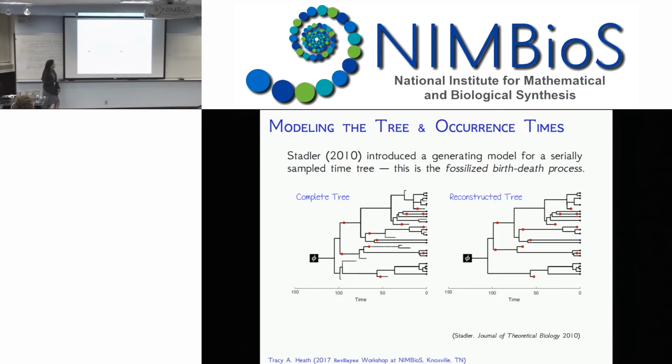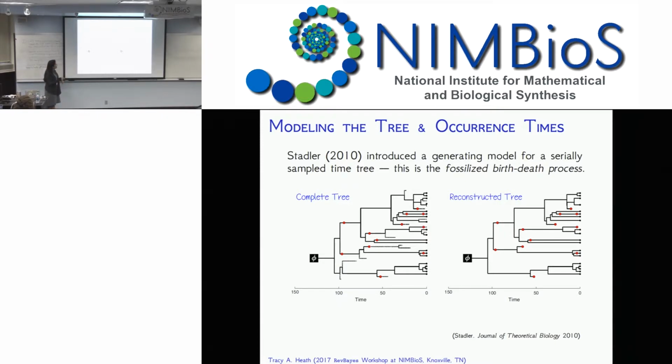So in this process, we have a complete tree. When I talked about the birth-death process, we start that process at some time, and this is what we're calling the origin time. And here, this is a phi. And that's what we're using as the symbol for that. So given that we have some starting time for this process, we're assuming that there's some waiting time till a speciation event, and there's also going to be sampling events and extinction events over the whole course of the diversification of this group.